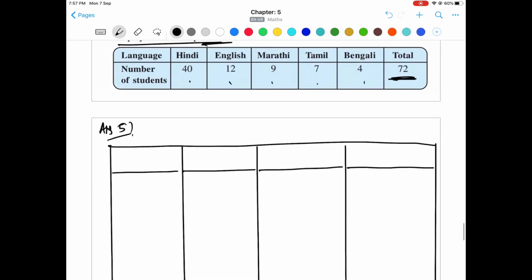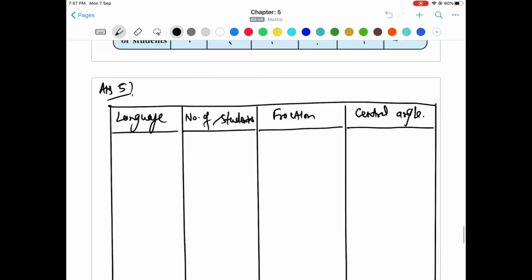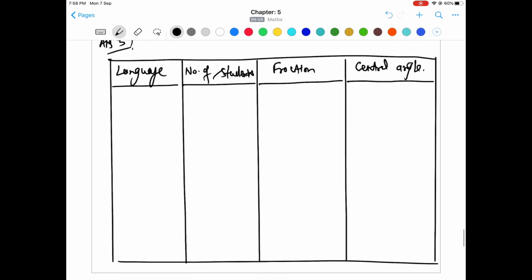Okay, so first we'll write language, number of students, then fraction and central angle. We are making this table because we need the central angle in order to draw the pie chart.